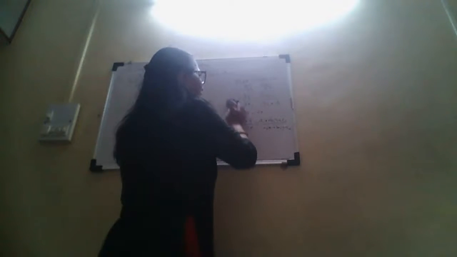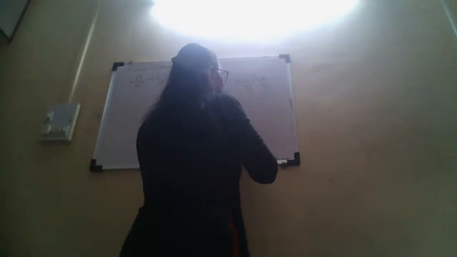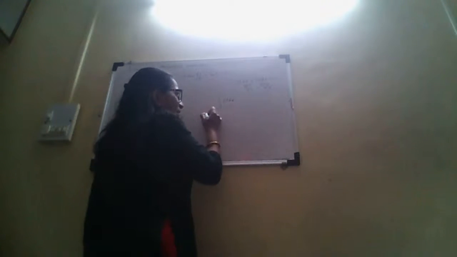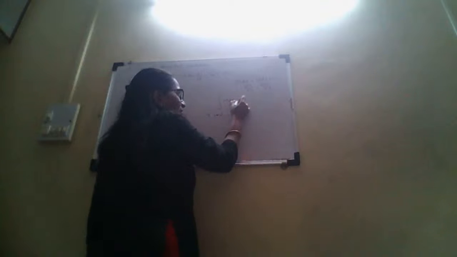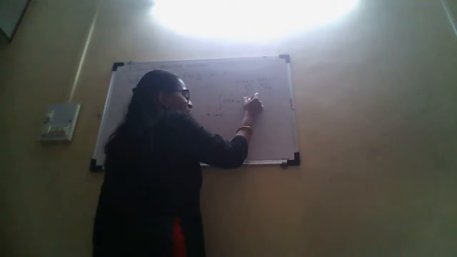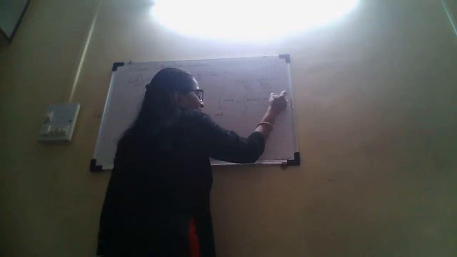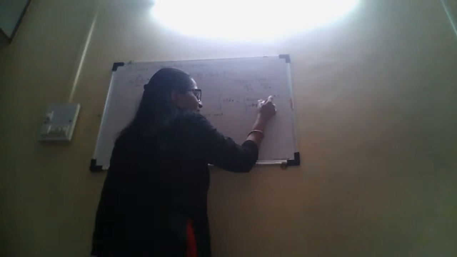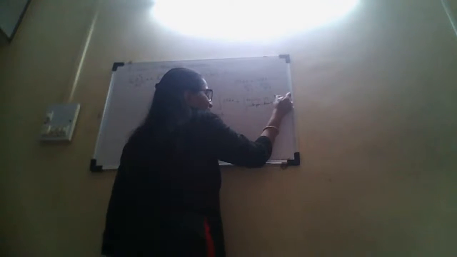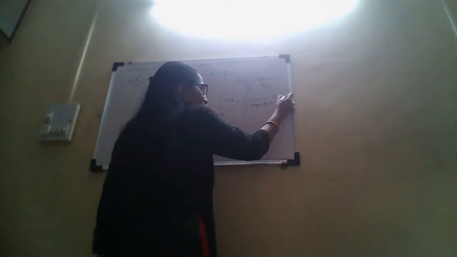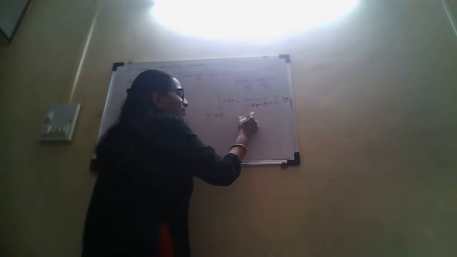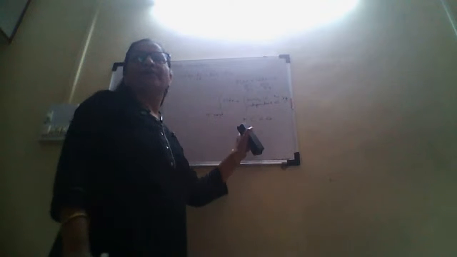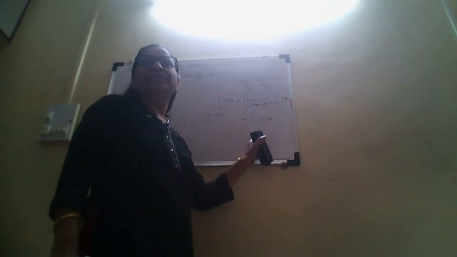Its solution is given by integration of M dx keeping y constant, plus integration of the terms in N independent of x, into dy, plus a constant of integration is equal to 0. So this is the formula to solve an exact differential equation.